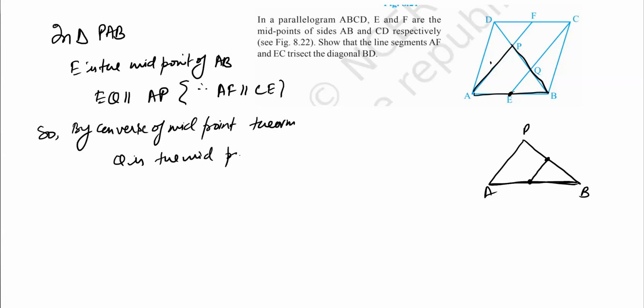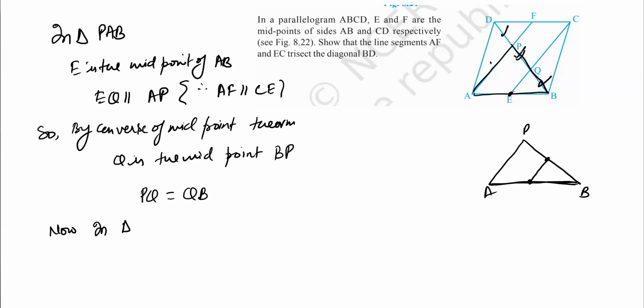Q is the midpoint of which side? Tell me. Yes, sir, BP. So we can say that PQ is equal to QB. This portion will be equal to this portion. Understood? Yes, sir.